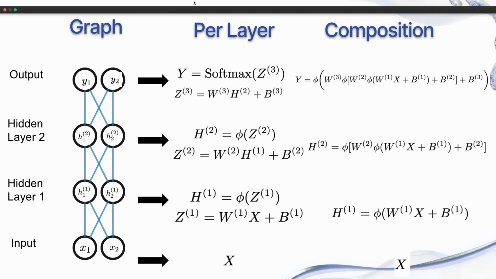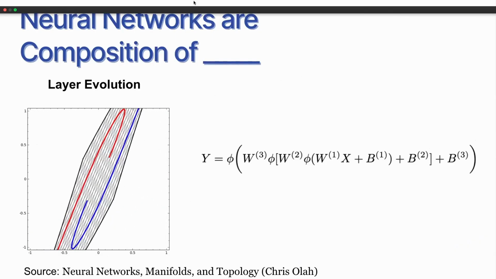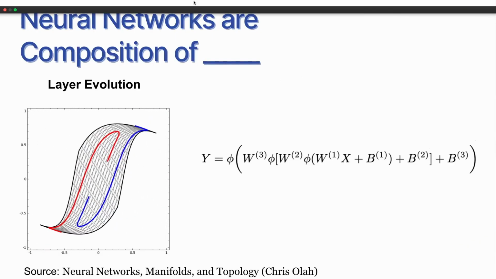What's the main point? Why do I want you guys to see that it's a composition of weight plus activation function, and then a composition of weight times activation function, and then a composition of your weighted sum? Because fundamentally, neural networks are compositions of functions. That's the big thing.